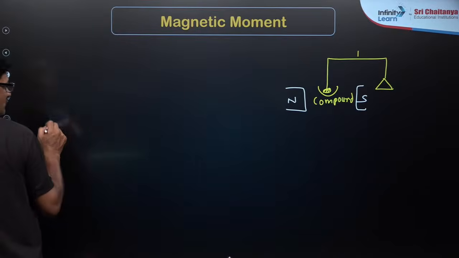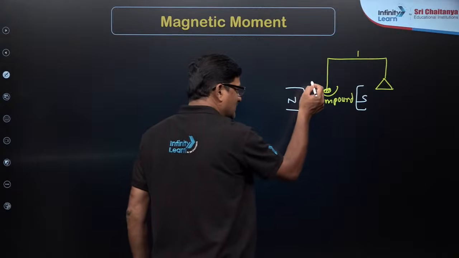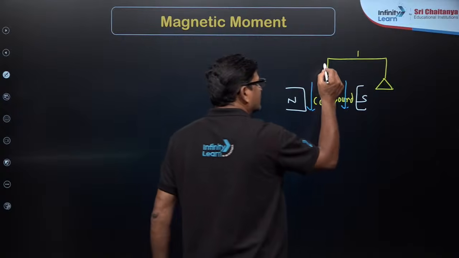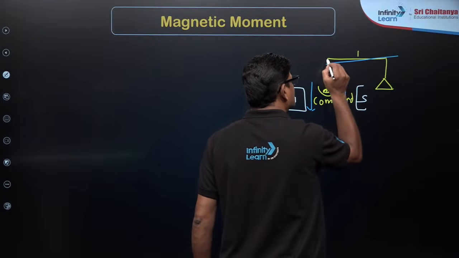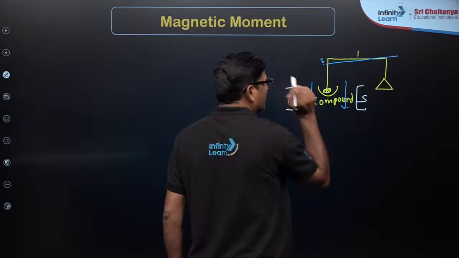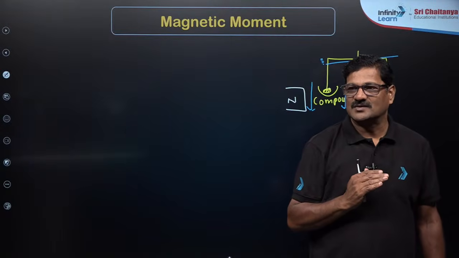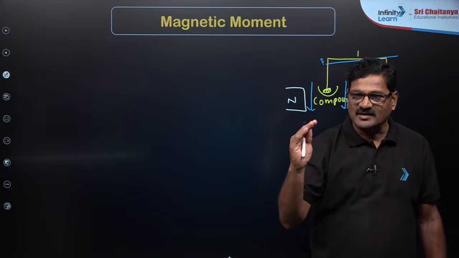It is going to pull in this way. If the compound has magnetic properties, it is going to move like this. So there will be a scale here showing how much it is attracted. So this is what we can say is magnetic moment.